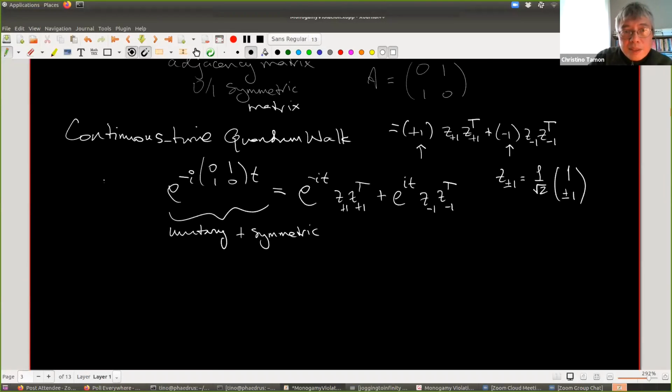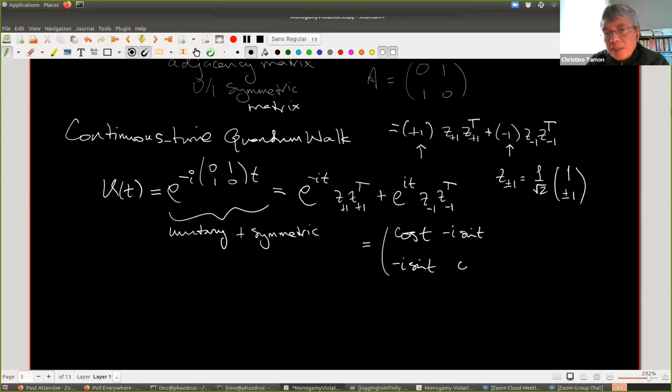Let's call this matrix C of t. So t is a time parameter that's typically real, non-negative real, excuse me. And if we check this, this should come out to be something like cosine t, minus i sine t, minus i sine t, cosine t, which you can just check.